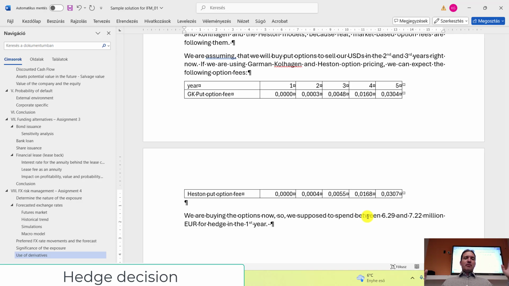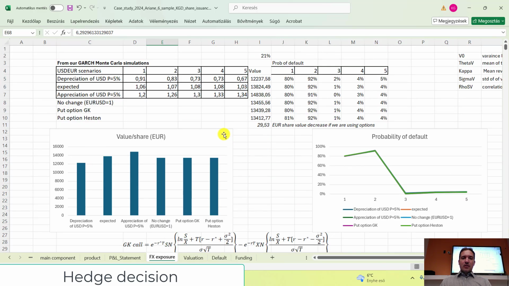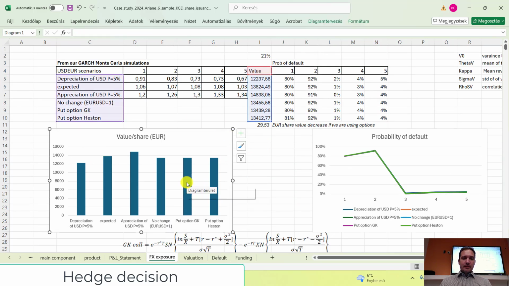We are doing it, and after that to fix the Euro USD exchange rate at parity 1. Nice. Then valuation will have an impact.